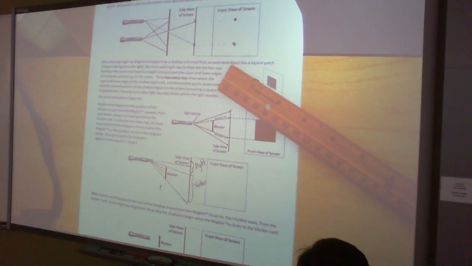I think we have a video for this as well. So let's go ahead and see this. So we have a blocker. When we move to the right, the shadow moves to the left. When we move to the left, the shadow moves to the right.